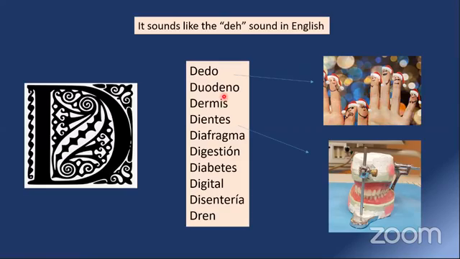Duodeno, that part of the intestinal tract. Dermis is the same in English, that part of the skin. Dientes is the teeth. Dientes is not the prosthesis, it's like everybody's, dientes of the baby, mis dientes, your dientes, teeth. Diafragma, you know what's diafragma, the muscle between the chest and the abdomen.